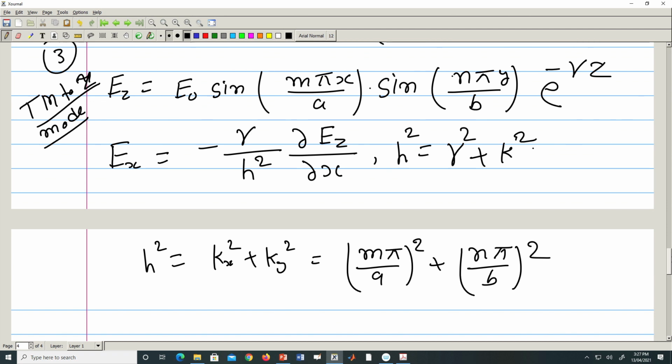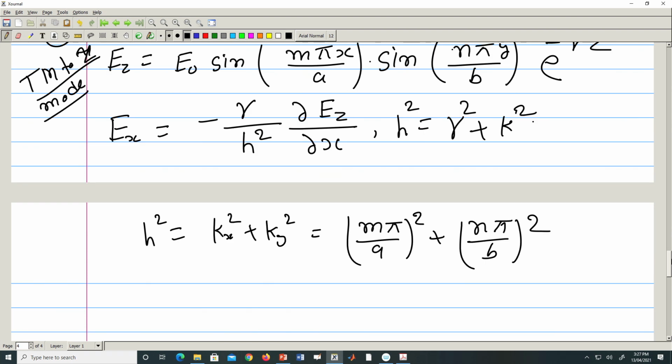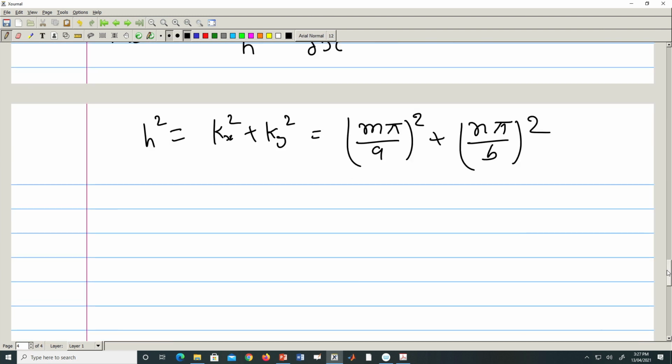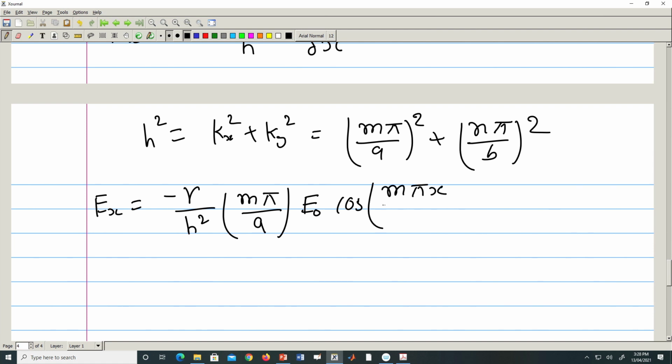So Ex will be minus gamma by h square, m pi by A, E naught, cos of m pi x by A, since sin differentiates to cos, into sin of n pi y by B e to the power minus gamma z. So, Ex can be defined like this.